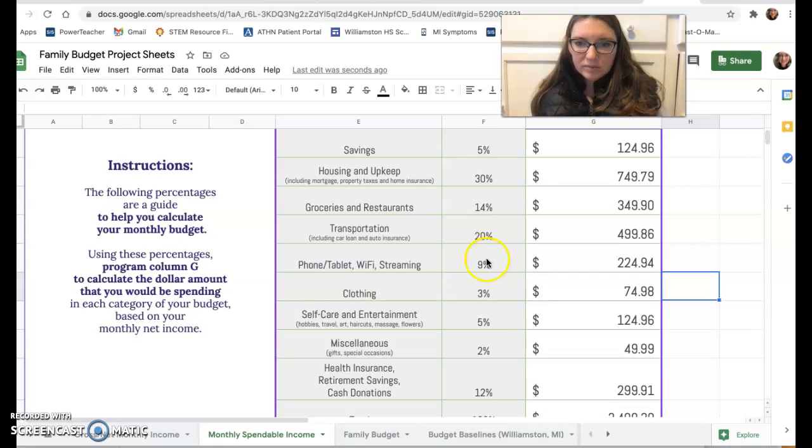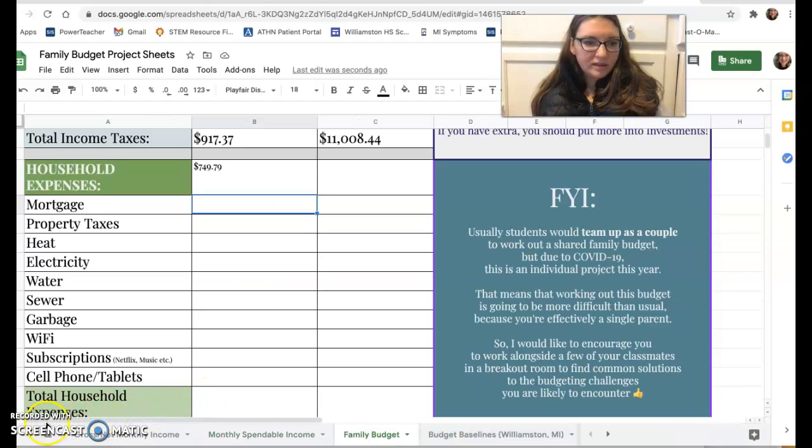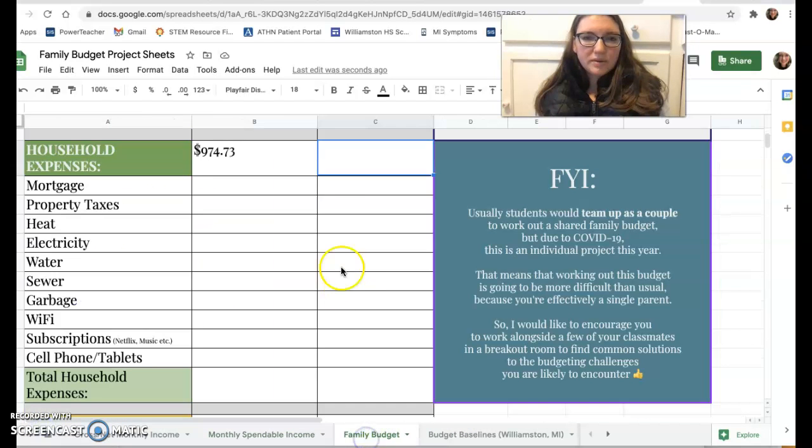So plus $224.94. My total for household expenses plus the Wi-Fi streaming subscriptions ended up being $974.73.